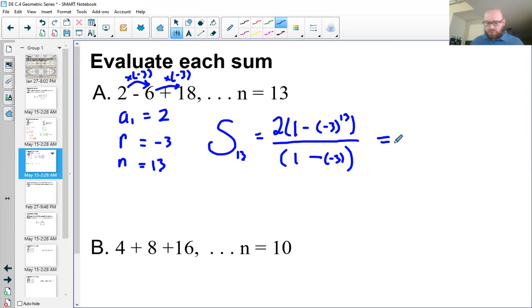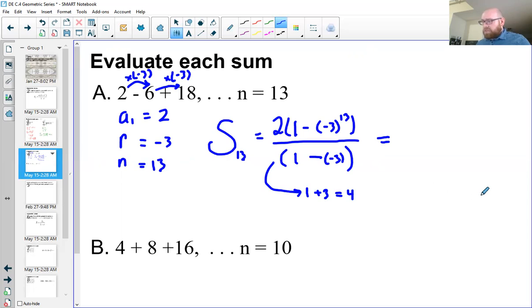So once again, I'm going to put this into my calculator. I have 2 times 1 minus, in parentheses, -3 to the power of 13, close my parentheses, divided by 1 plus 3, because we can simplify our denominator as 1 plus 3, which is equal to 4, if you'd rather put that into your calculator.